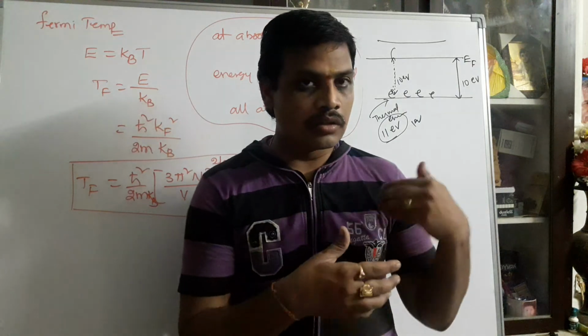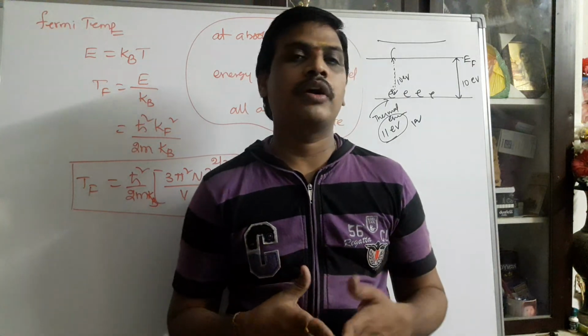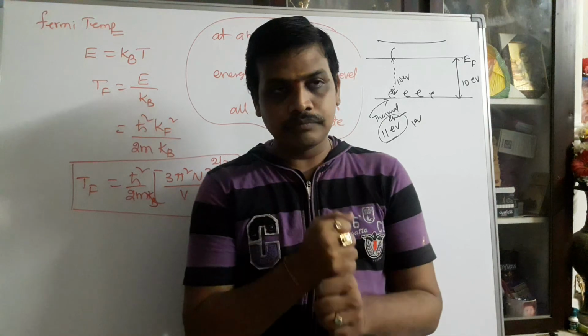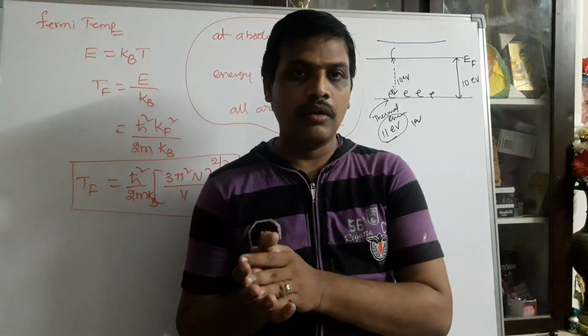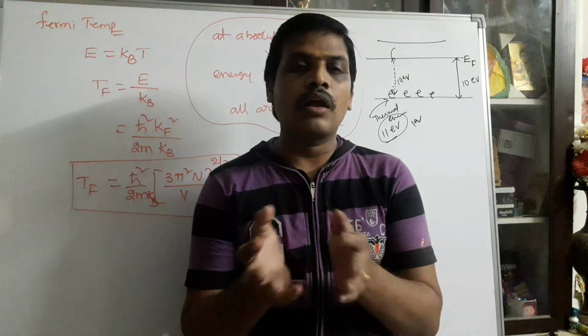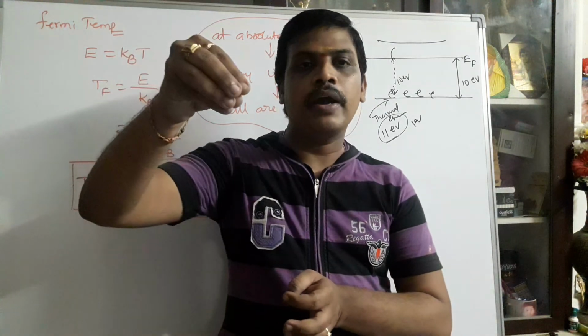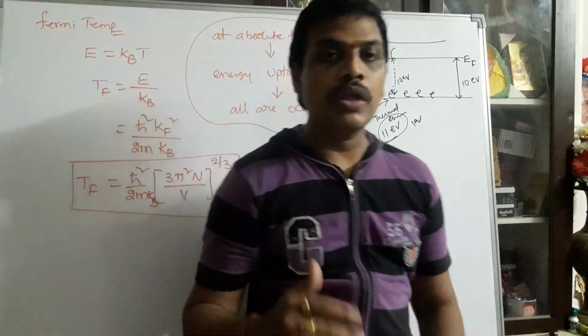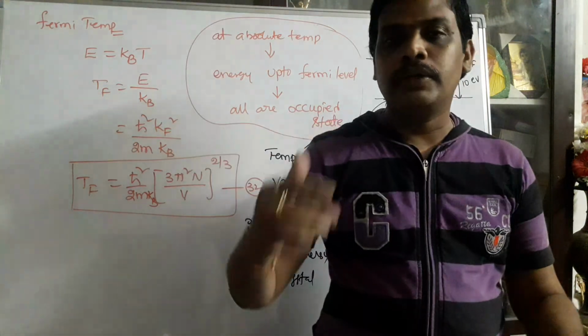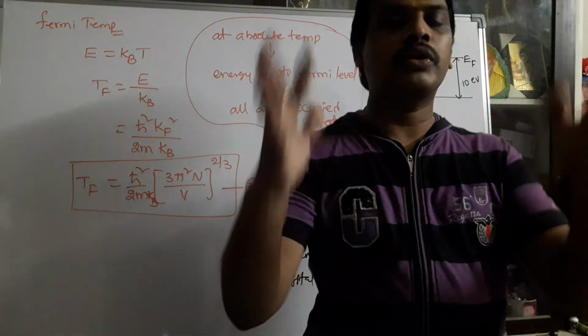Our Fermi-Dirac statistics clearly explains how electrons occupy the energy levels above the Fermi energy level, particularly above the absolute temperature.